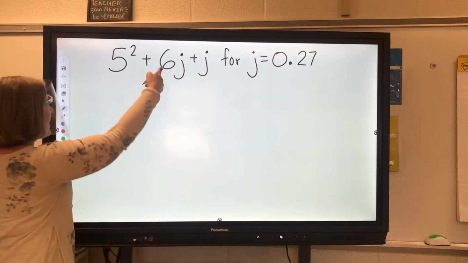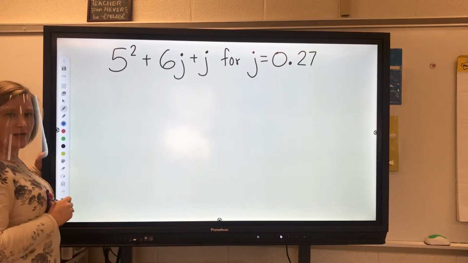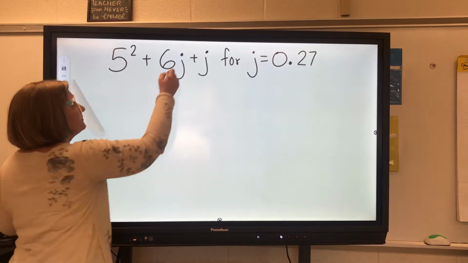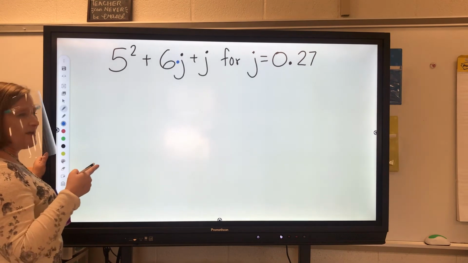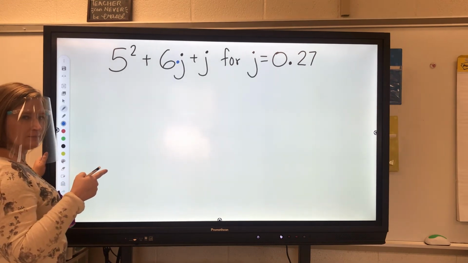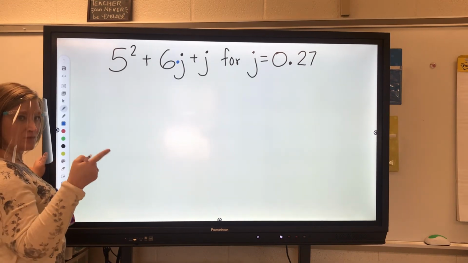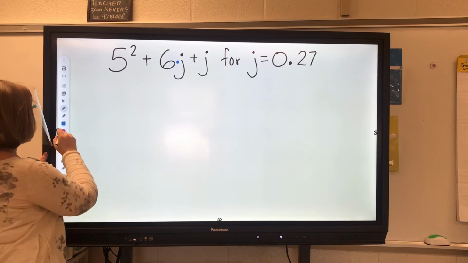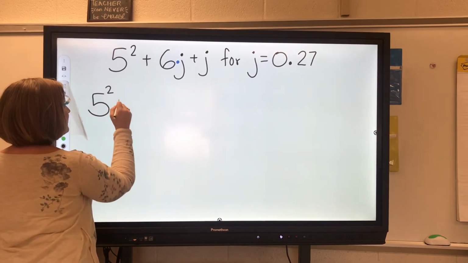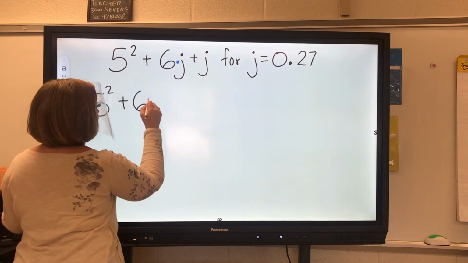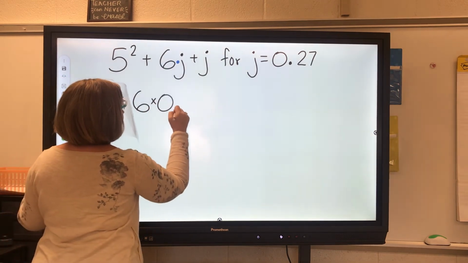All right, what operation's going on right there with 6 and j? Times. So I'm going to put a little multiplication symbol there. Now what do I have to do for all the j's? Put the 2700s, okay? So I want you to take a second and rewrite this entire problem.